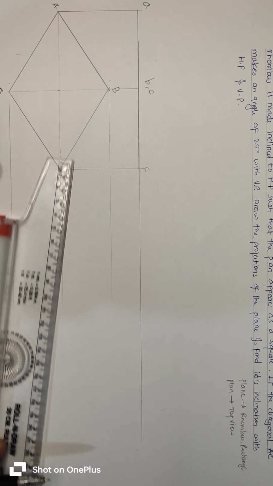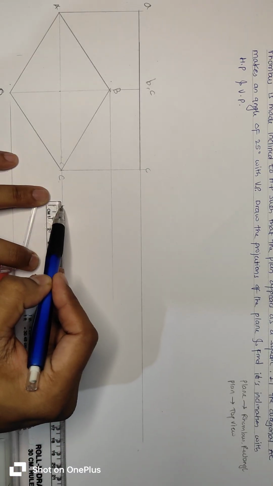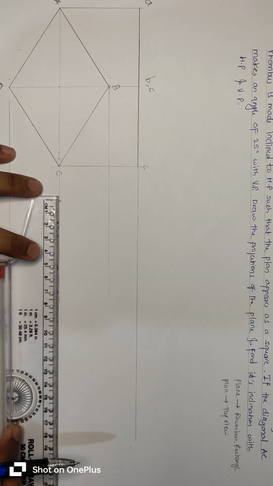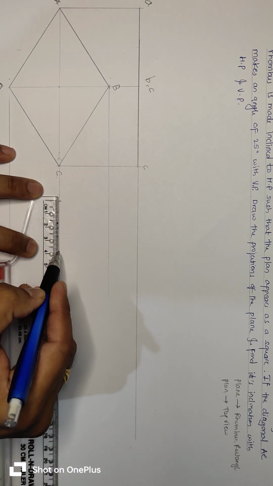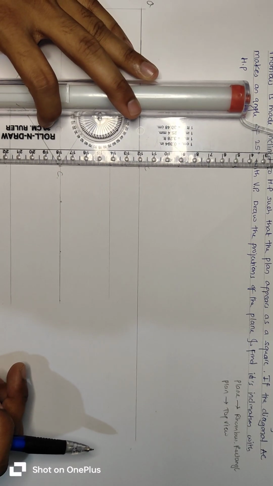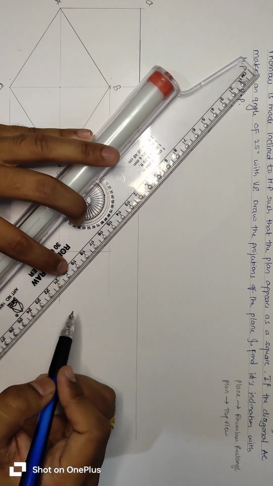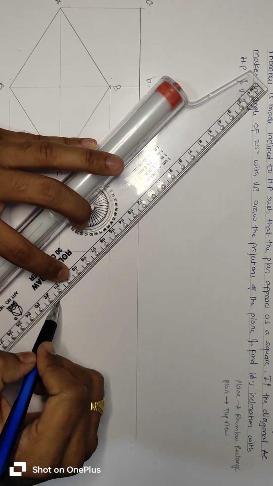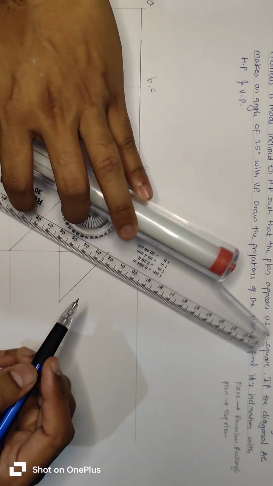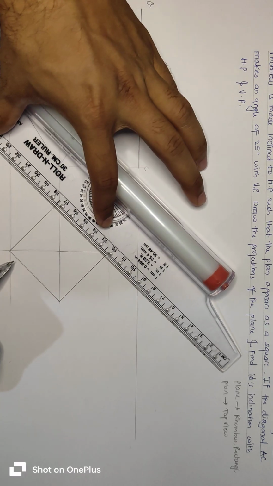So we have to draw a 75 mm horizontal diagonal. So this is a square such that the vertical diagonal is 75 and the horizontal diagonal is also 75.